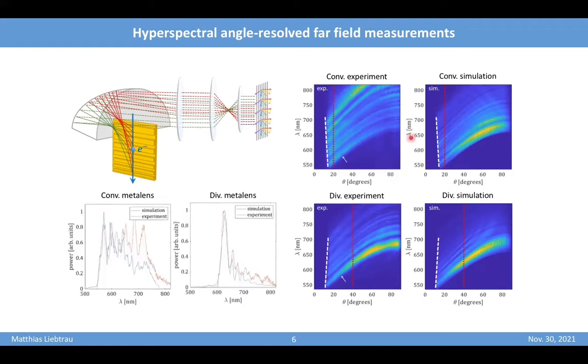Now we also took a profile along those red dashed lines, a profile through those spectra as a function of the wavelength for a fixed emission angle, to nicely resolve those oscillations we observe both in experiment and simulation. And those oscillations in emission patterns are in fact reminiscent of the spherical wavefront curvature.